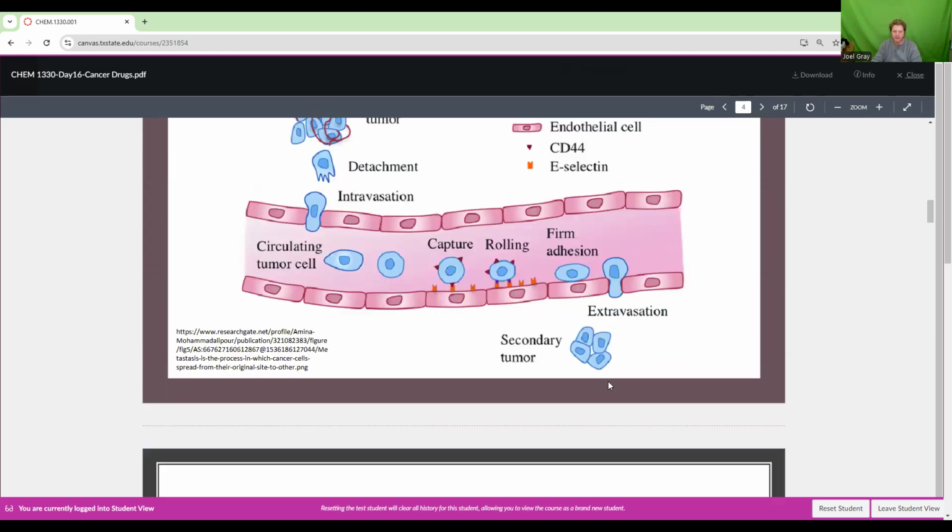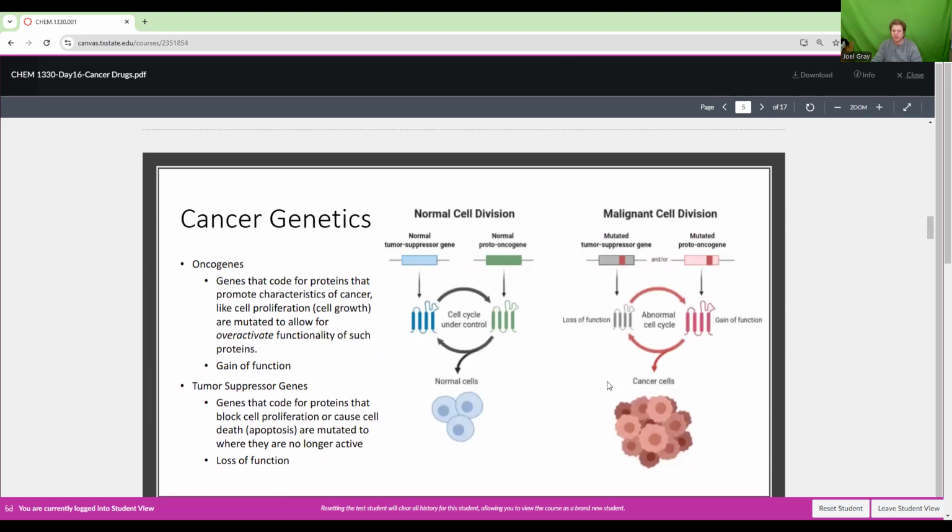Now, after that, we talked about tumor suppressor genes as well as normal oncogenes. Tumor suppressor genes are genes that basically prevent cancer from developing. Your body has these mechanisms that will stop cancer from developing.